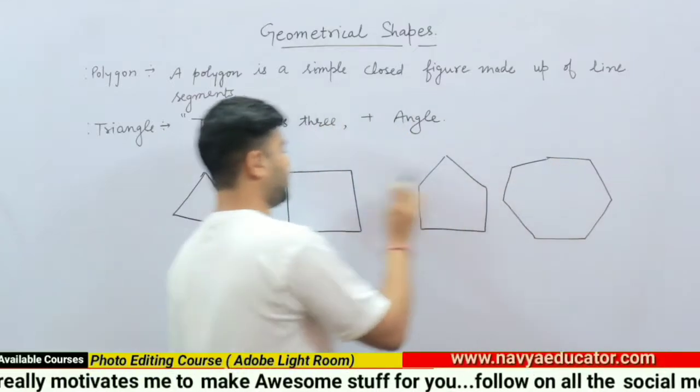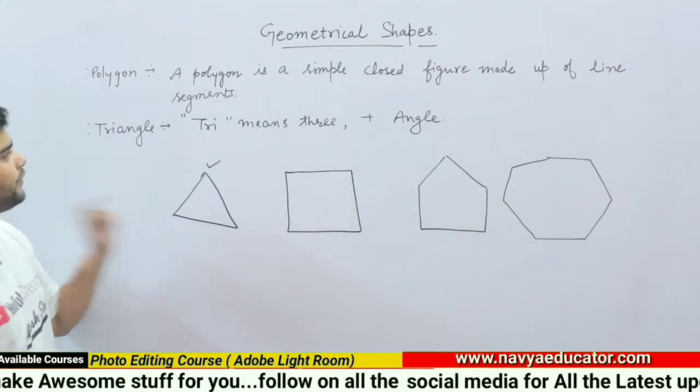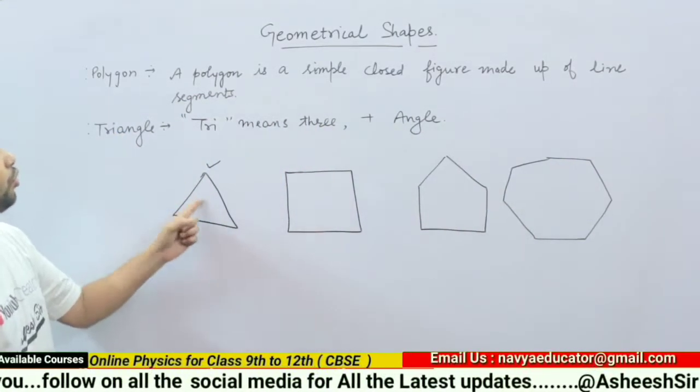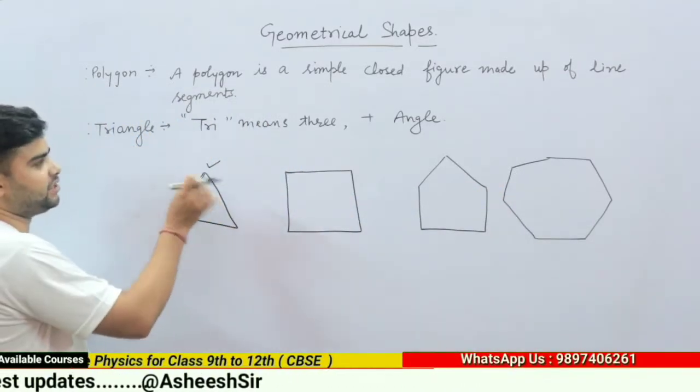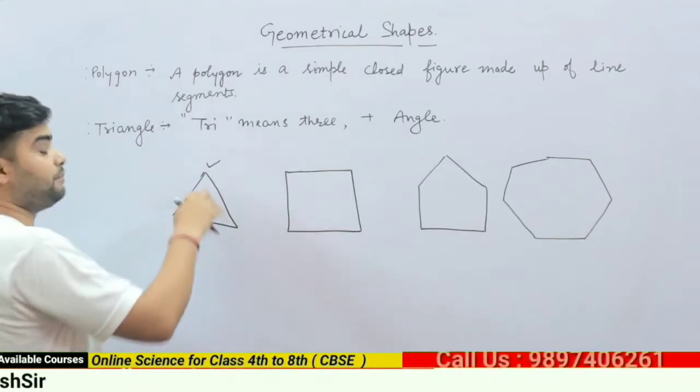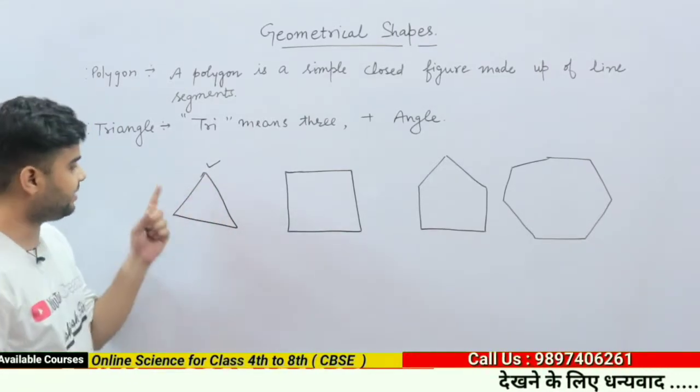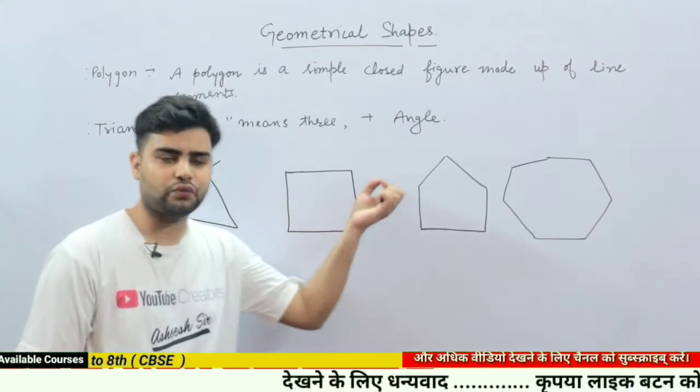So all the shapes which I have made on the board are polygons, and you know very well a polygon is made by line segments, and it is a simple closed figure.